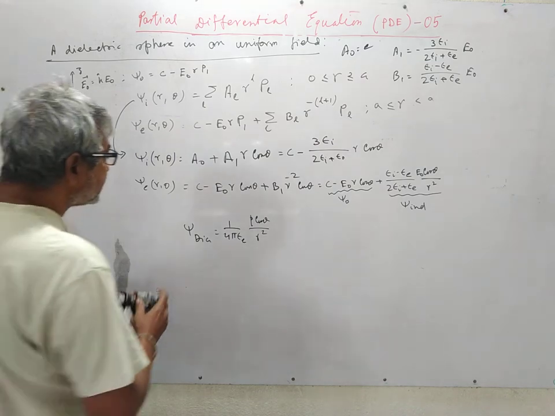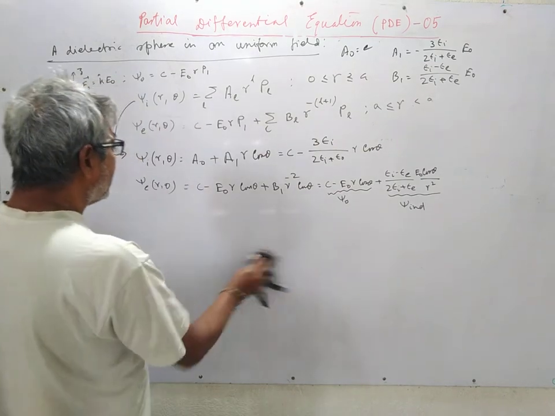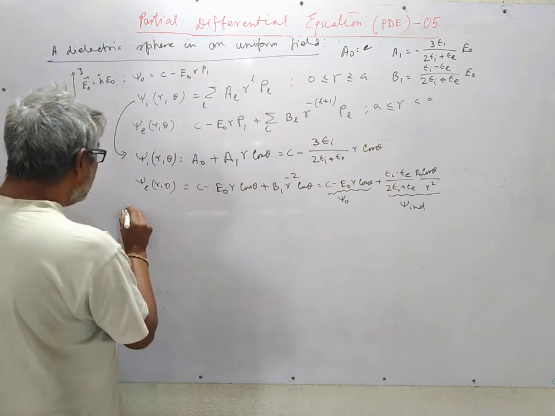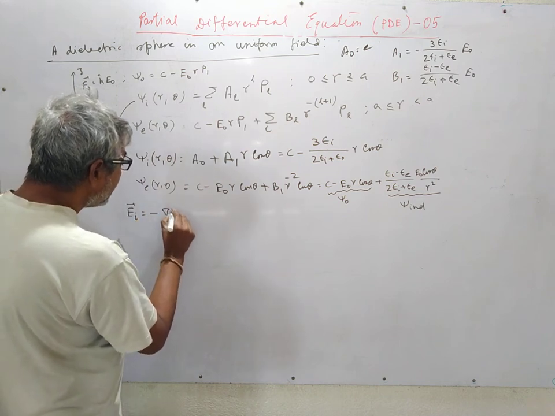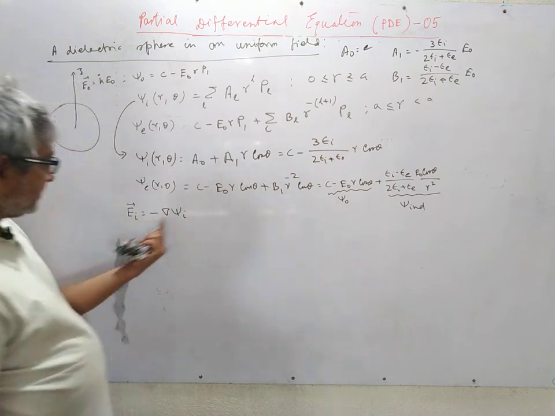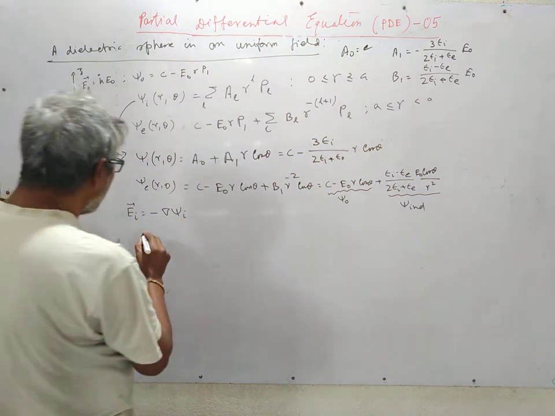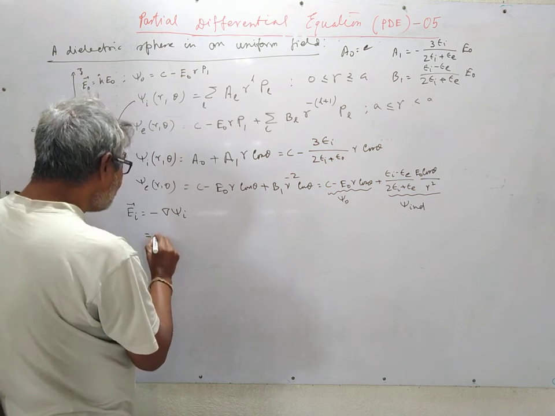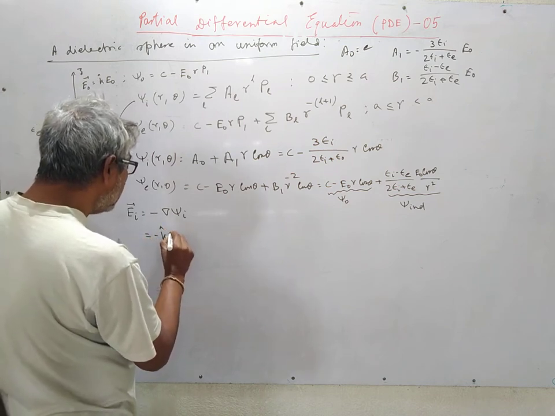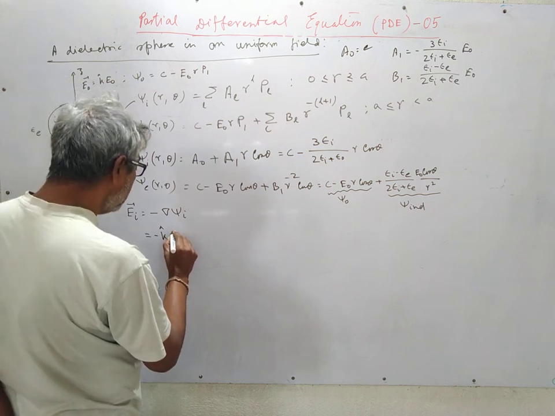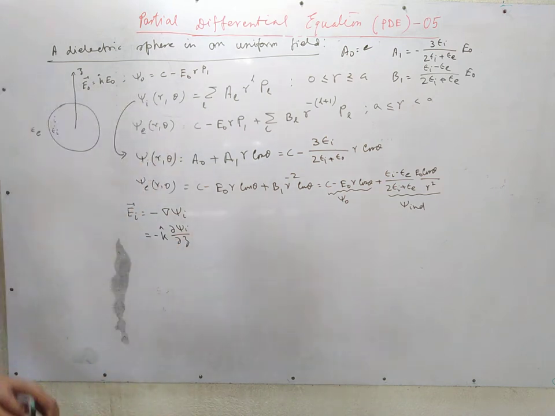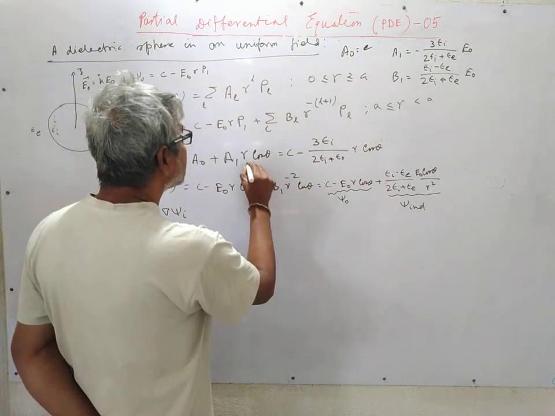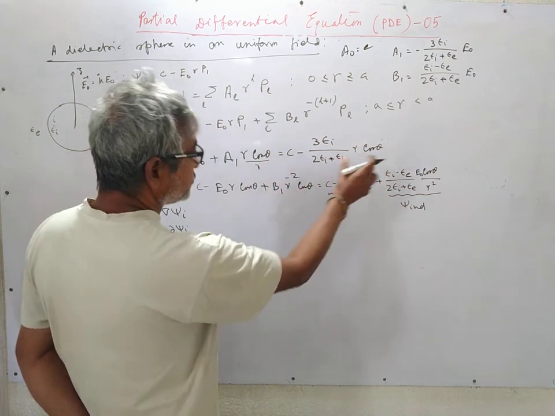Another interesting thing is the electric field itself. The electric field E in the internal region is given by minus grad of phi internal, and for the external region we have this. For the geometry under consideration, this is minus k cap del phi E del z. This part is the z part.